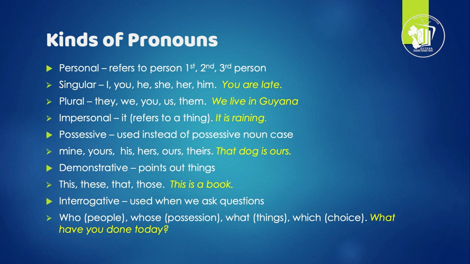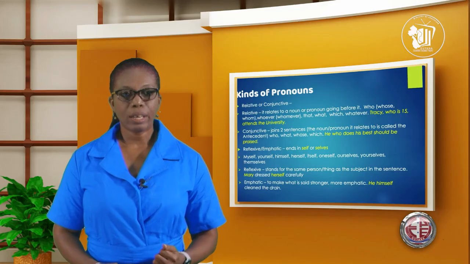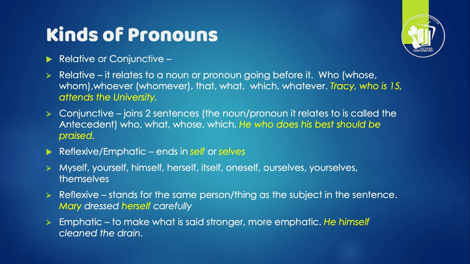Another kind is the interrogative, and this is used when we ask questions. Who is used for people, whose, possession, what, things, which, choice. So example of a sentence, what have you done today? Another kind of pronoun is relative or conjunctive.